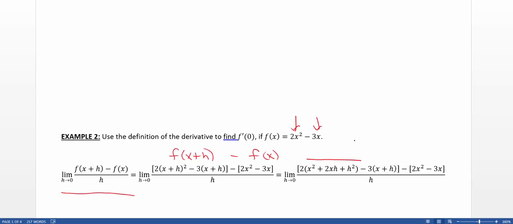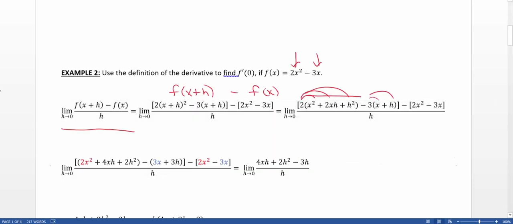Now, what we want to do is distribute this 2 to every term, but we also want to distribute the 3 into the second set of parentheses. After distributing, we get this result down here. So the 2 went in to multiply every term in the first parenthesis, and the 3 went in to multiply every term in the second parenthesis.